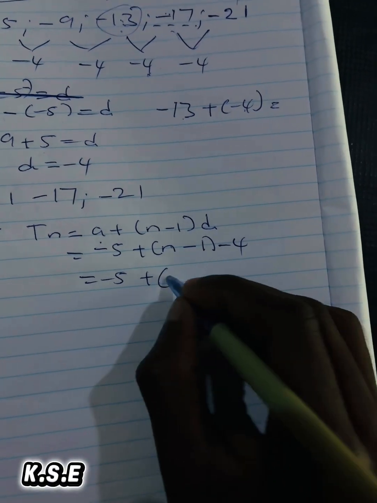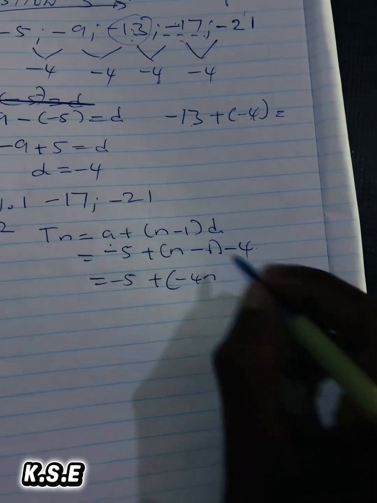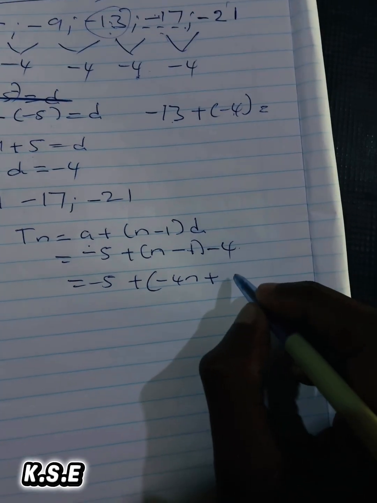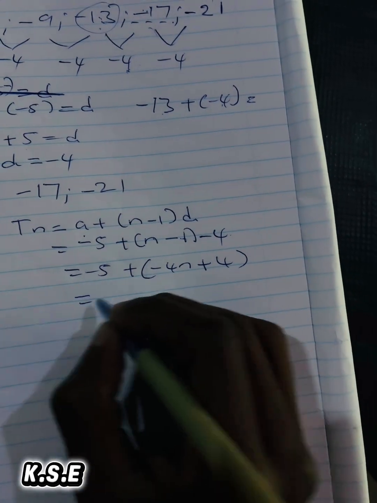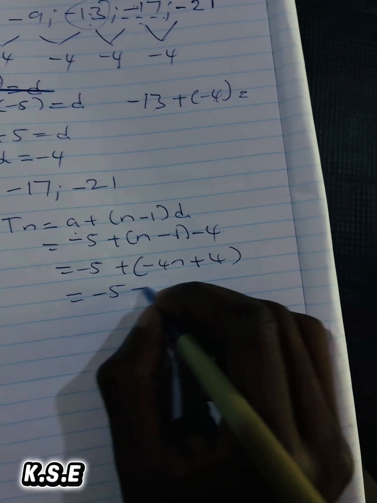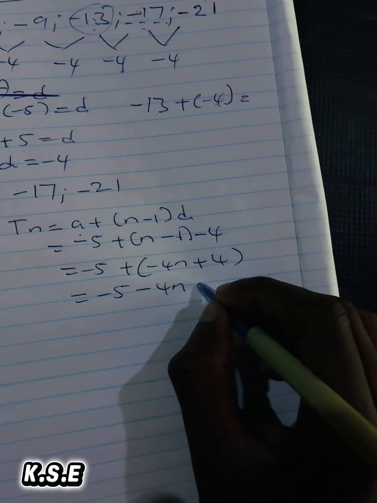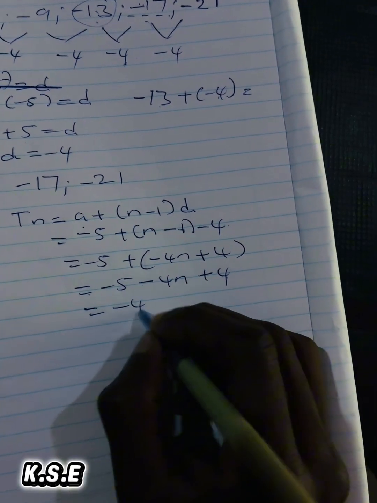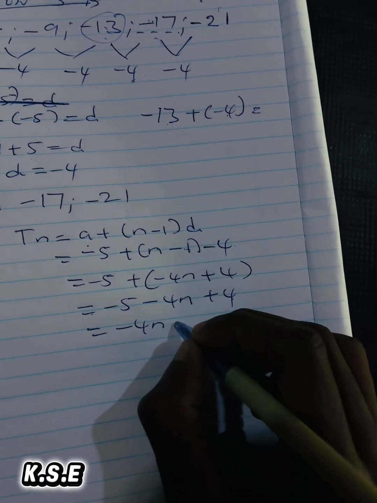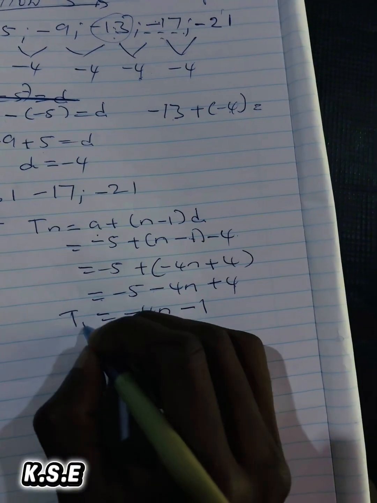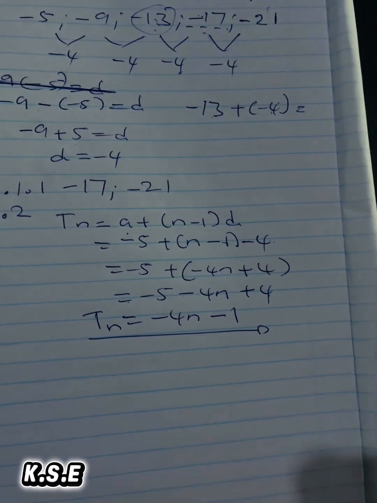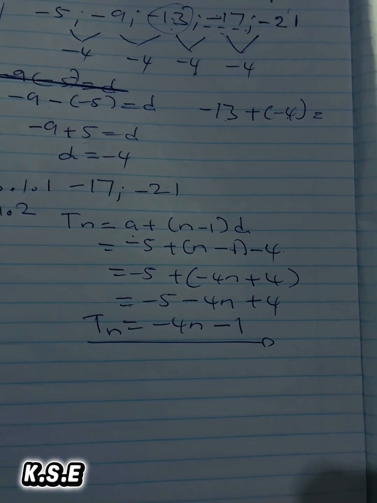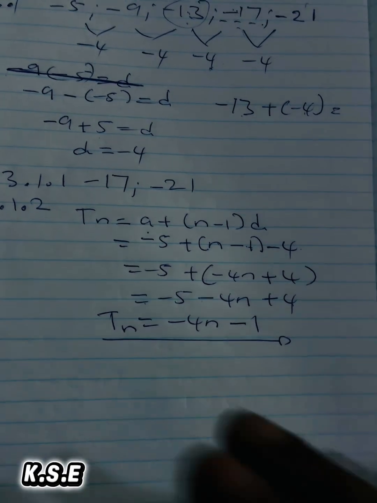This and this is going to give us -4n. This and this is going to give us plus 4. Then -5 plus 4 gives -1. So Tn is equal to -4n minus 1.